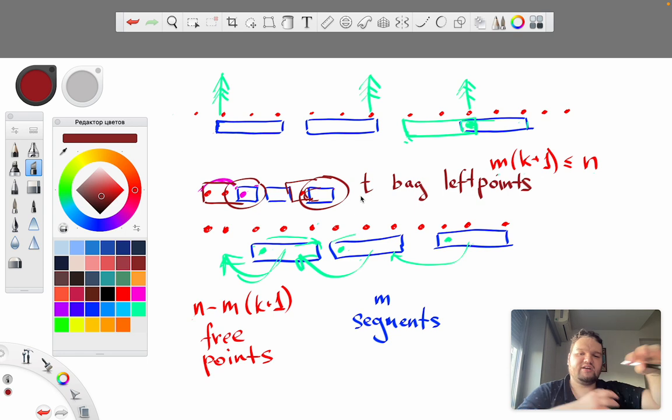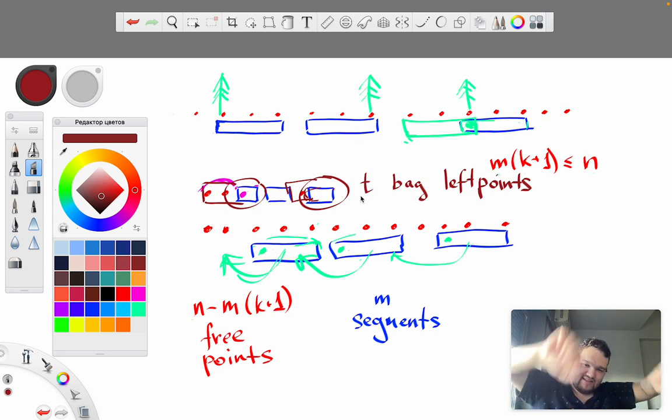And now we have fixed bad segments, and probably not bad segments, of which we have m minus t, and free points.